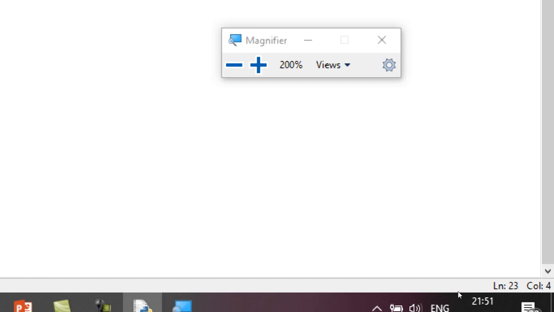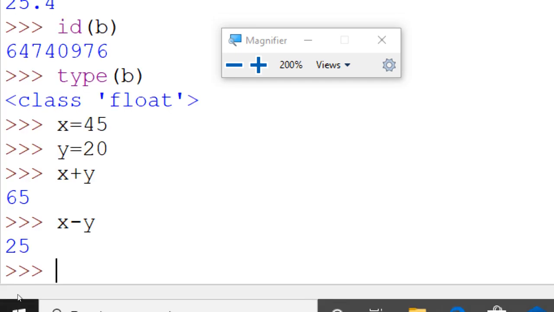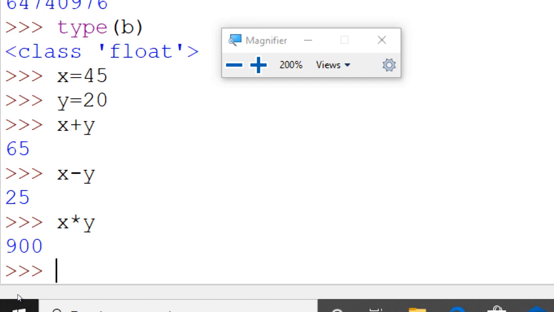For multiplication we have star, so x star y, when we press enter we get 900. So these are the first 3 basic arithmetic operators, that is plus, minus and multiply, right?